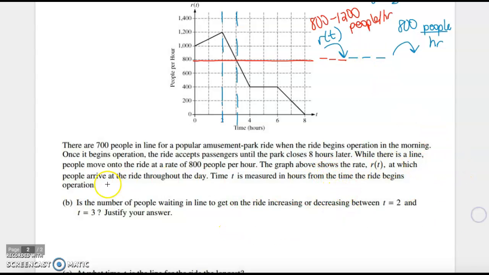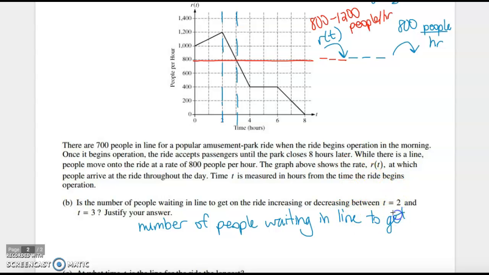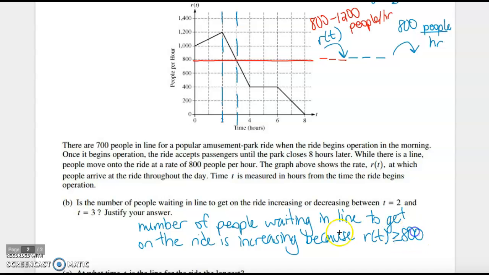And so to justify our answer, we could say the number of people waiting in line to get on the ride is increasing because R of t is greater than or equal to 800 for time t equals 2.